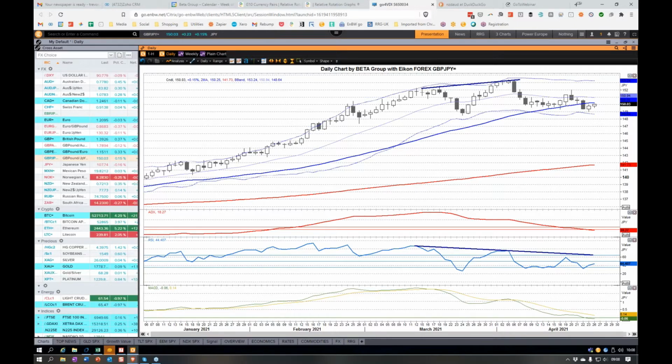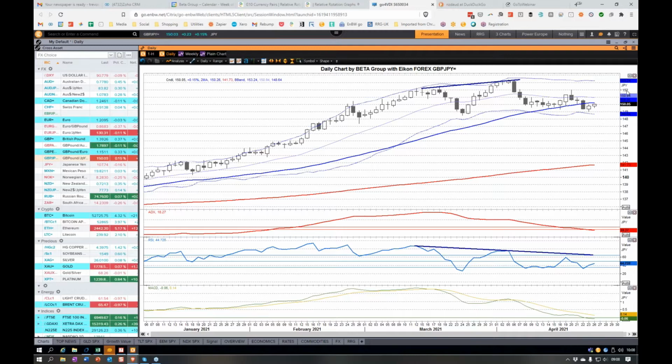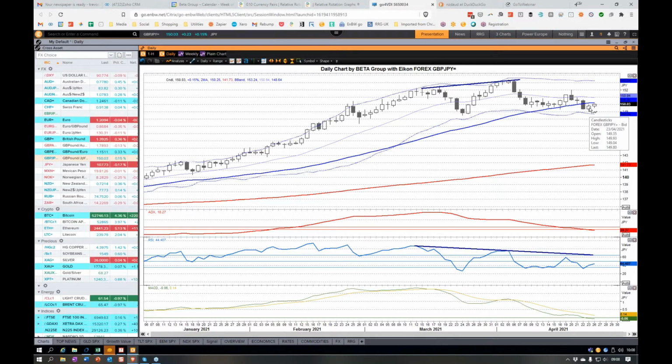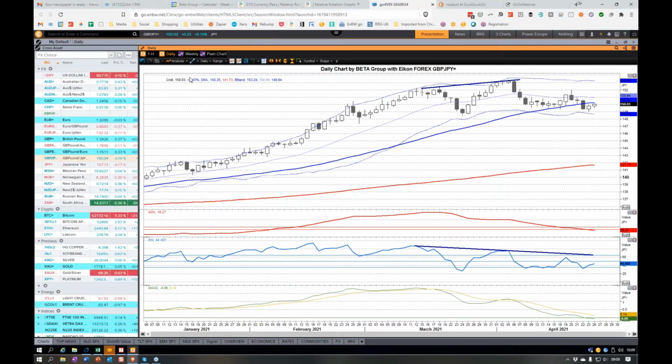So the pressure is still on this. Some very important support levels, this low of 149, and just below it here 148.50. If those two levels go, then we're very vulnerable to moving much lower. Hasn't happened yet, but basically the game, which was to be long the pound versus the yen, I would say is over.